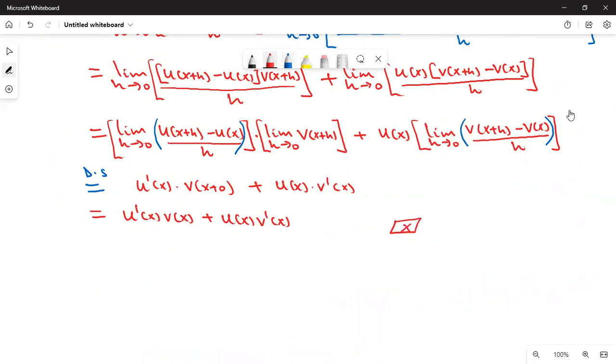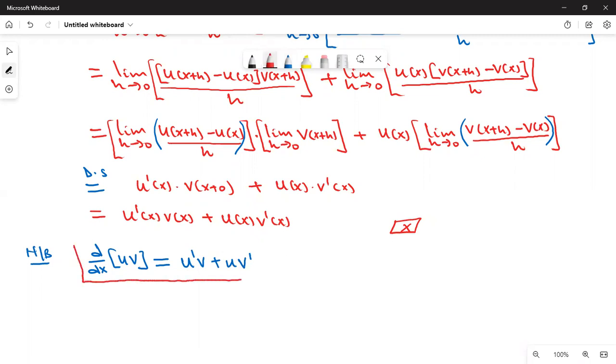And so you can just take note that when you differentiate u times v with respect to x, you get u prime v plus u v prime. That is what we mean by the product rule. Of course, you need to know that u and v here are functions of x, and those primes denote derivatives with respect to x. So this is the product rule.